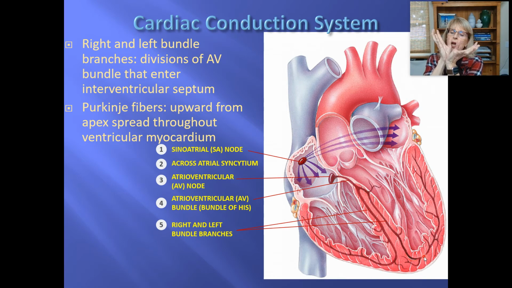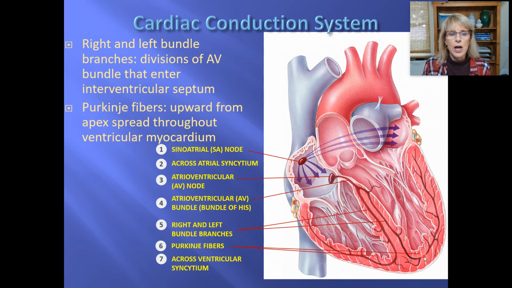And so a wave is going to start down here at the apex of the heart, and it's going to start to spiral upward. But honestly, the muscle of the ventricle wall is so thick, it needs a little bit of help for the wave to progress quickly enough to create a contraction. So it gets handed off to these guys called the Purkinje fibers.